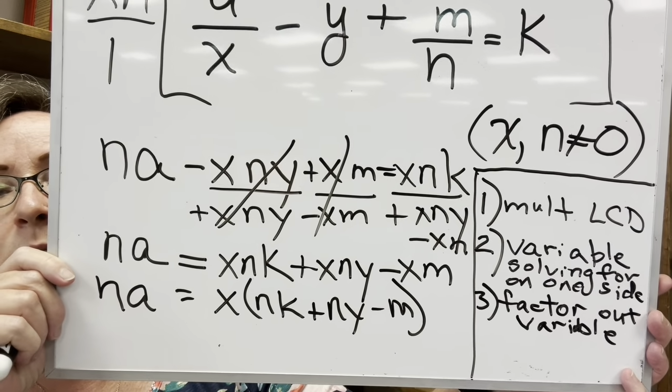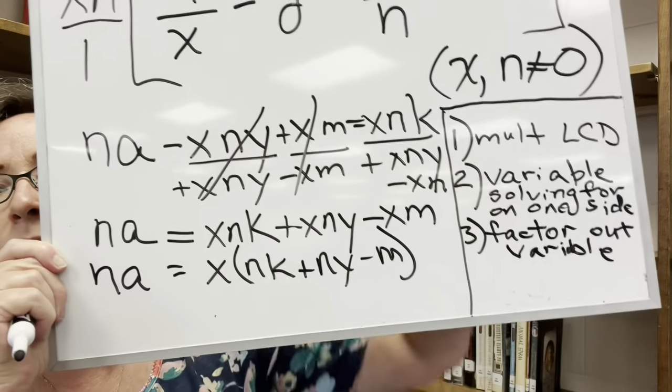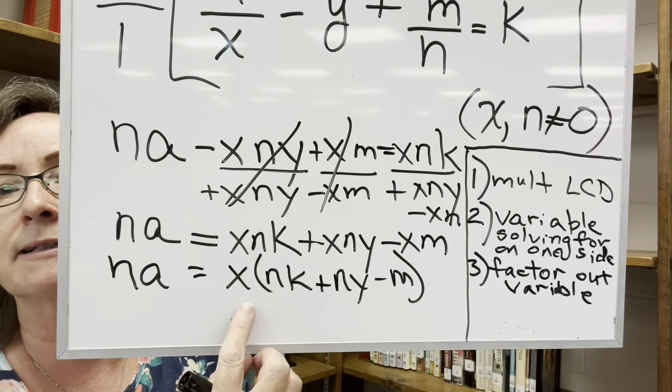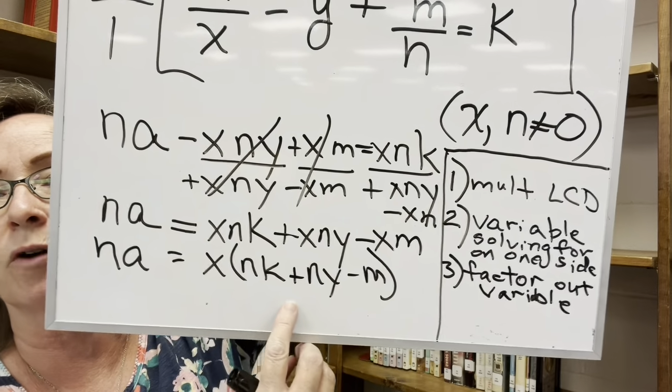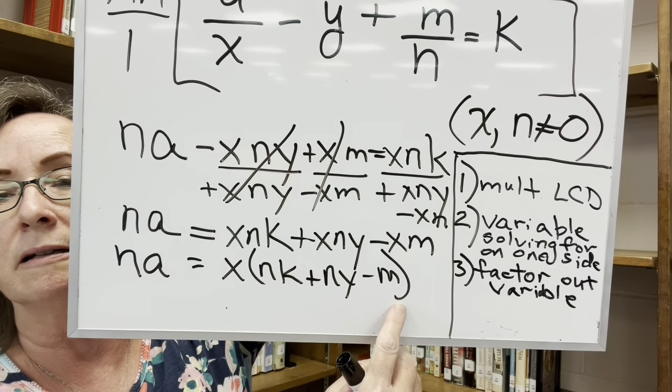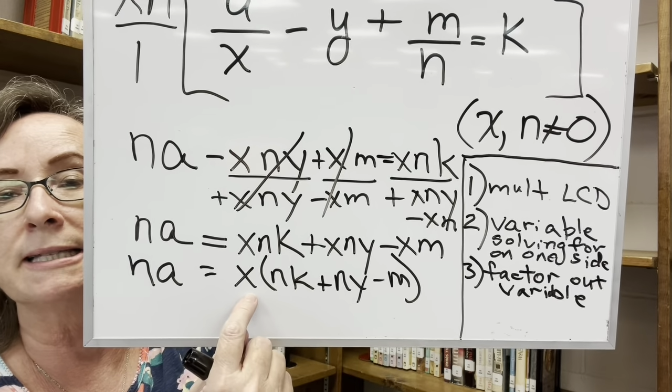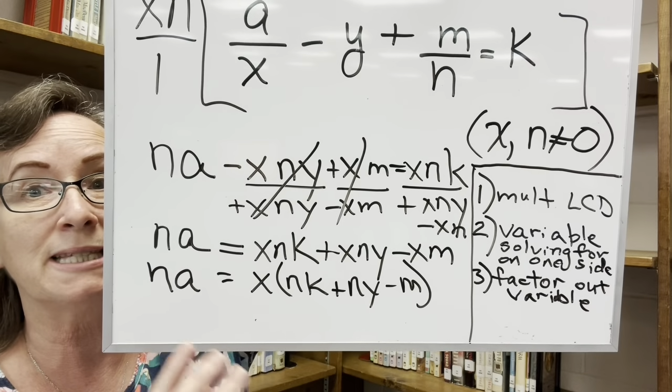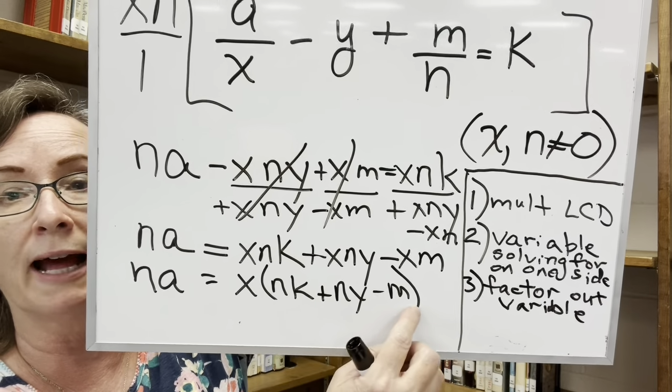Okay, so now I'm trying to solve for x. Can you see that x is right there, and I want to get rid of all of that so that my x will be by itself on one side. So I'm going to divide both sides by all of that, okay?